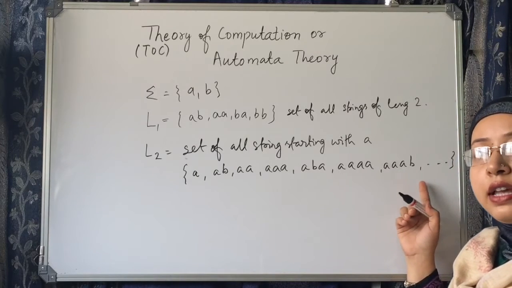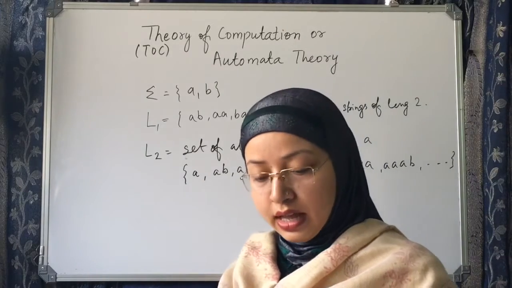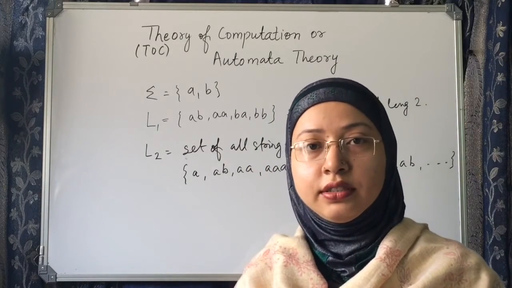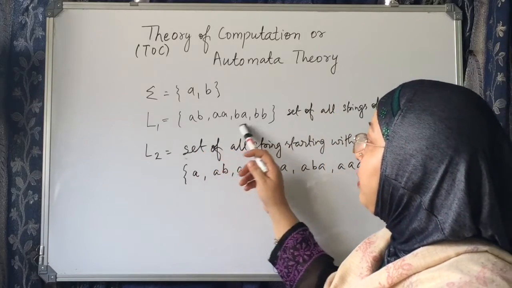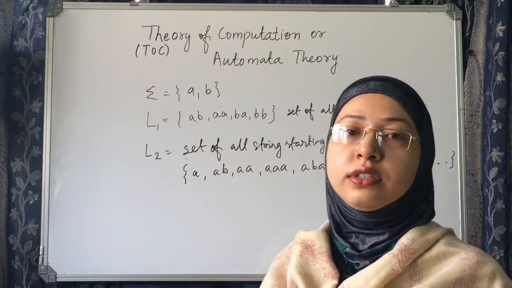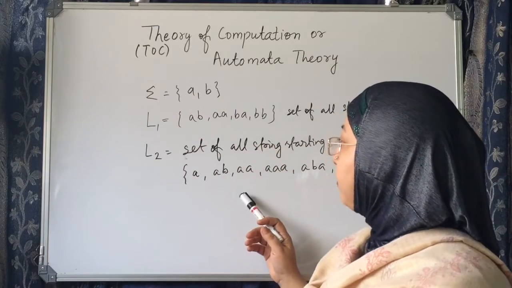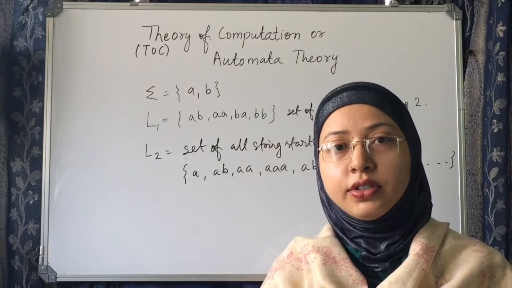You cannot say how many strings are possible in your language. In the earlier one you can count that your language contains 4 strings, but here you cannot count. This is known as an infinite language.